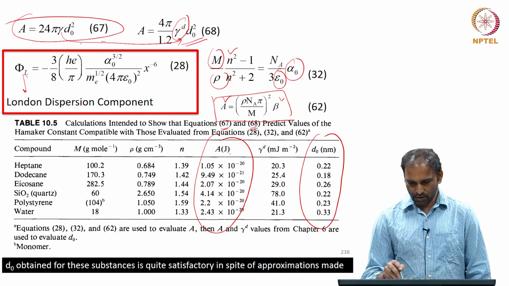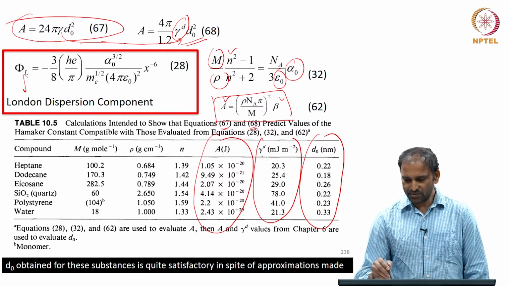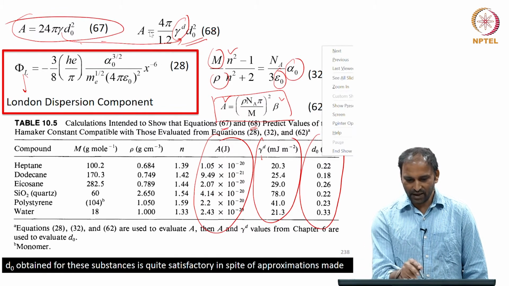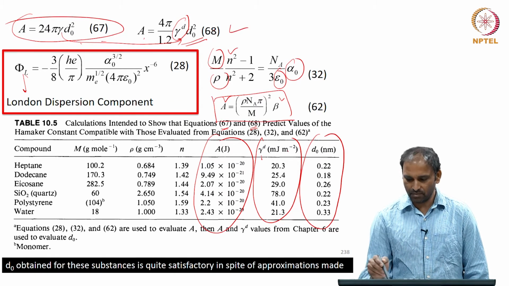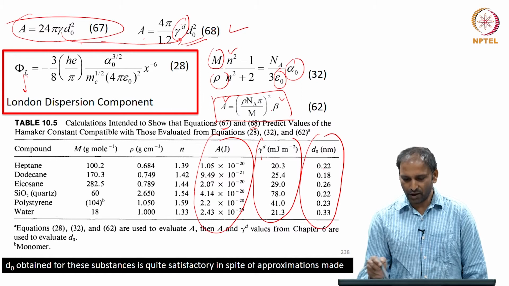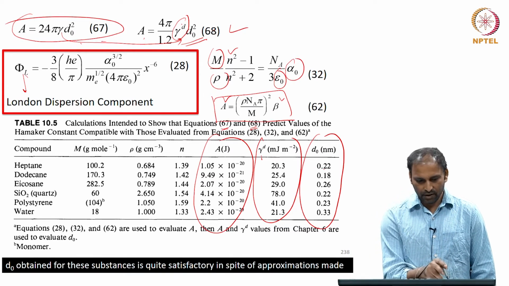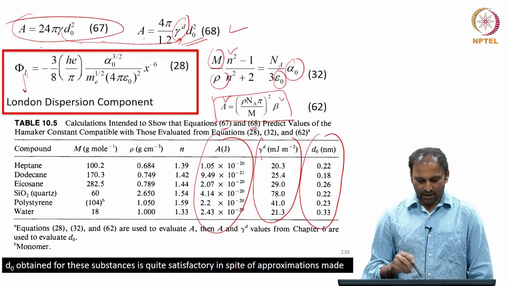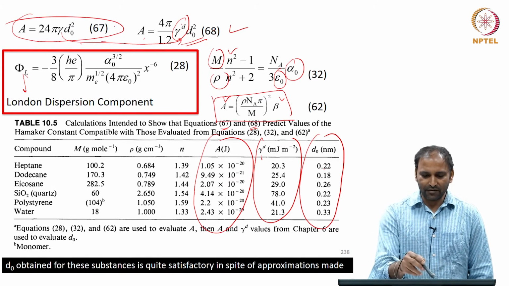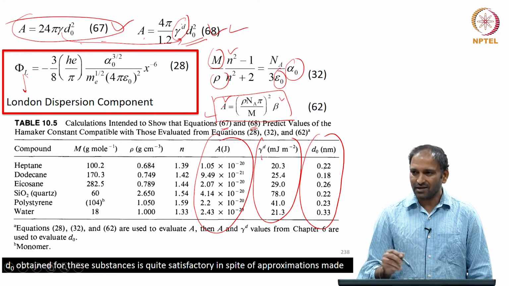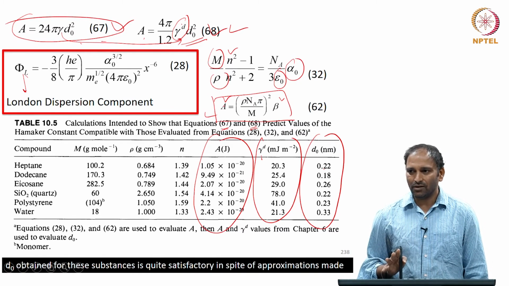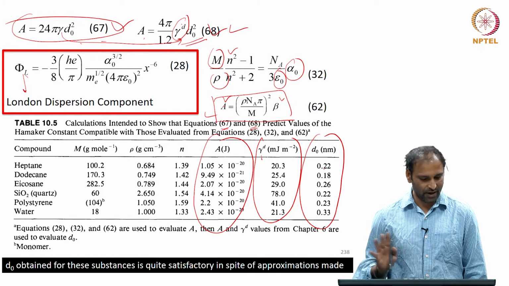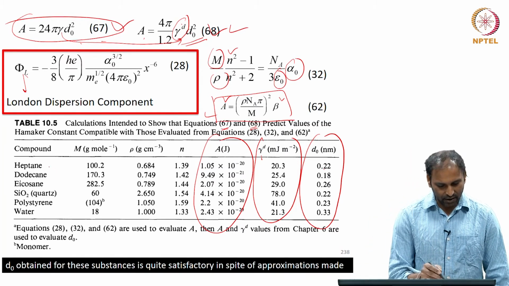If you know the dispersion component gamma d, and if I know D naught, I can get A by this expression, because I know gamma d and I know D naught square. The point I want to make is that if the value is calculated from this or this, they give comparable numbers, again for several materials.